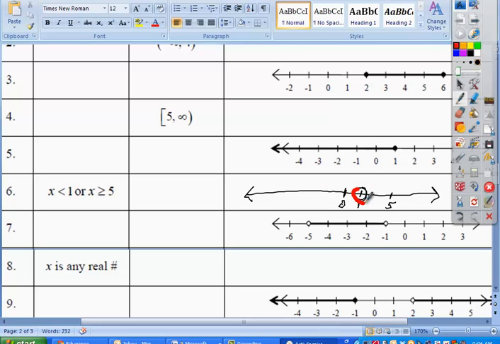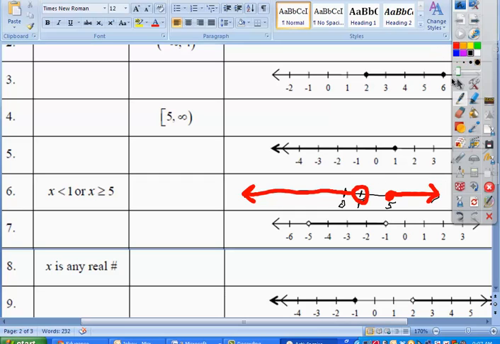So here, let me draw an open circle, and then there it goes in that direction. Now the next one says that I'm greater than or equal to. Or equal to is the key here. Close up the circle because it's equal to. Now it says that X is bigger than 5. So I know that 10 is bigger than 5, so I know I have to go in that direction.